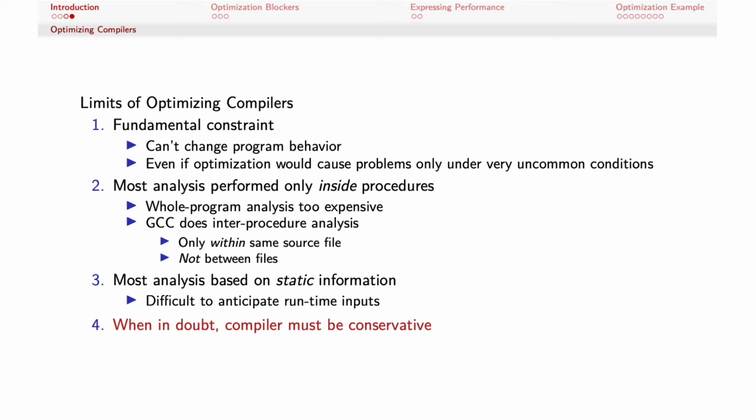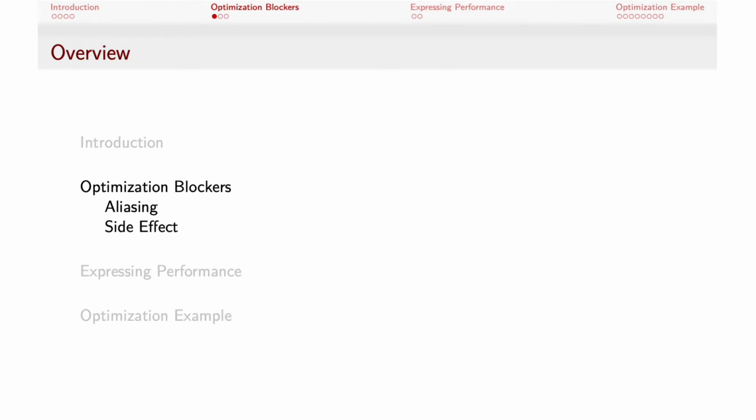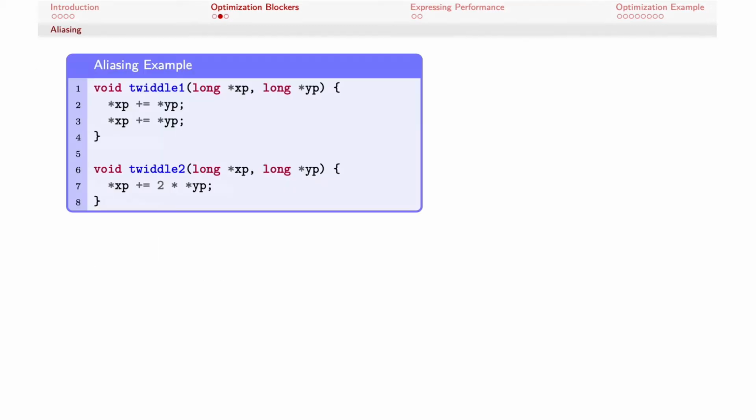It's got to be conservative so that it's first of all correct and then performant. Let's take a look at a couple of optimization blockers. Remember, these are things that we can do in our code that will prohibit the compiler from making optimizations because it's concerned about correctness first and then performance second.